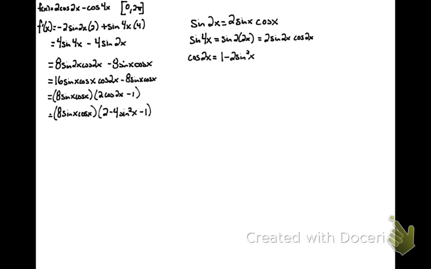And finally, cleaning this up just a little bit, I have 8 sine of x times the cosine of x times 1 minus 4 sine squared of x. And again, this is what I would need to do if I had to do this by hand. Right? I've just got to recall my trig.